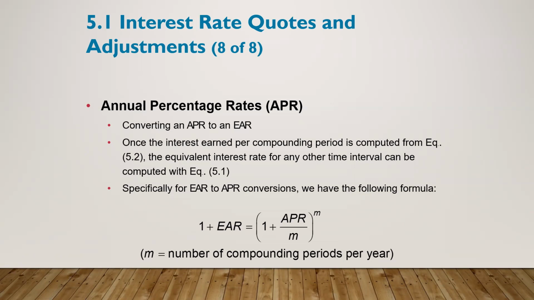It is 1 plus EAR equal to (1 plus APR over M) to the M power. And of course, M is equal to the number of compounding periods per year.